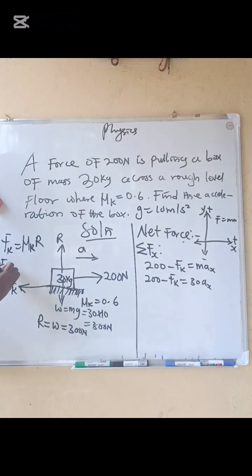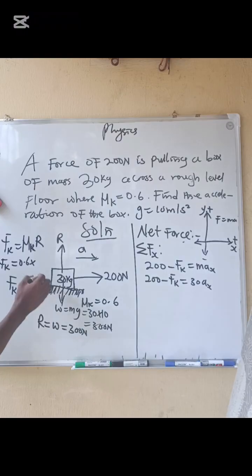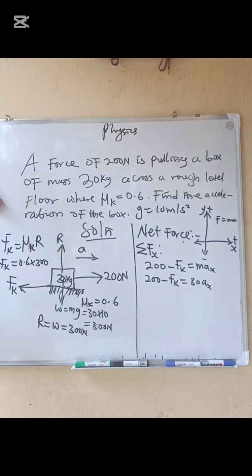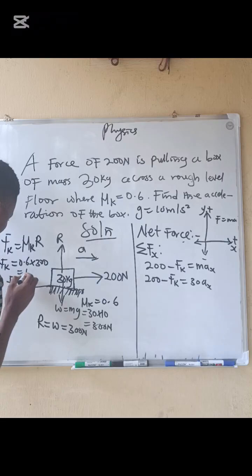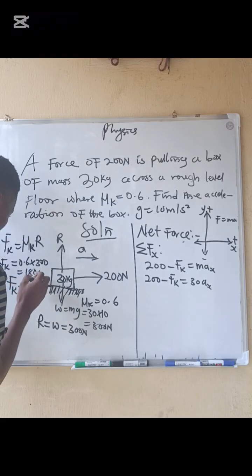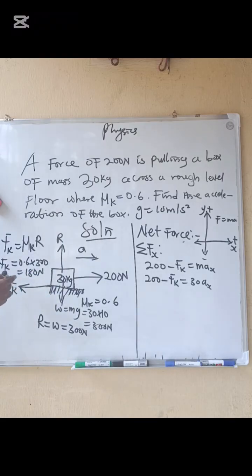So Fk is 0.6 multiplied by 300, which gives 180 Newton. So our Fk is 180 Newton.